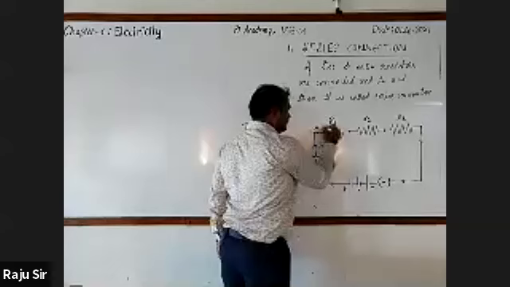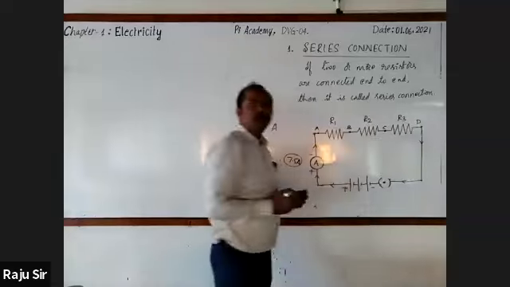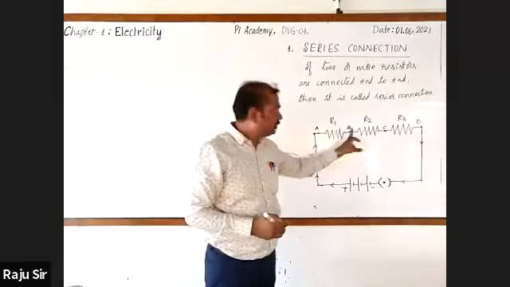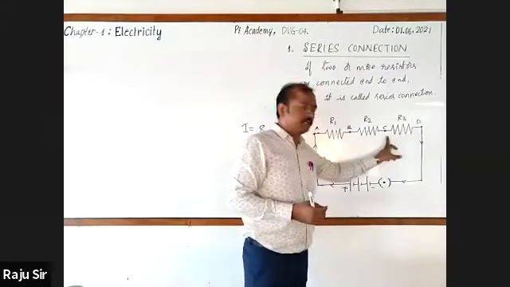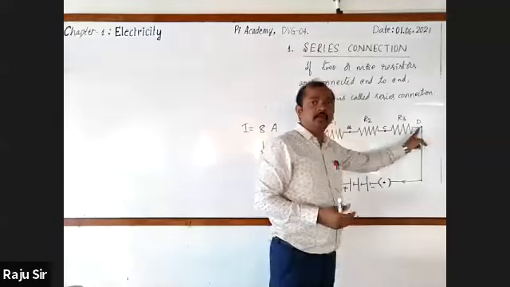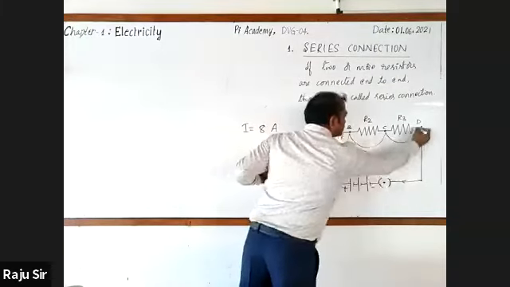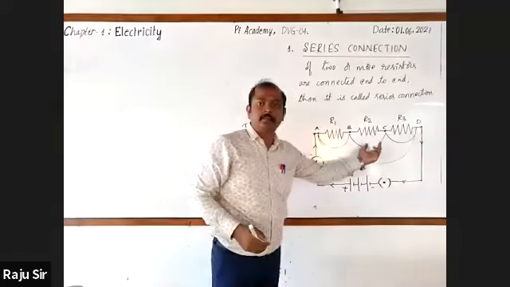This is A, this is B, this is C, this is D. You may connect a voltmeter from A to B, or from B to C, or from C to D. This is one possibility, this is second, this is third, and the fourth. These are the different ways in which a voltmeter can be connected.